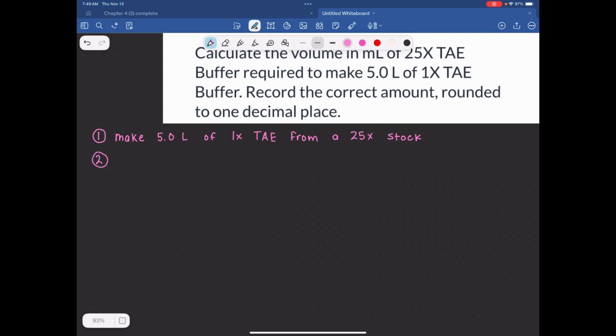Step 2 is going to be to find how many milliliters of the 25x stock to use. And then step 3 is going to be to round to 1 decimal place.